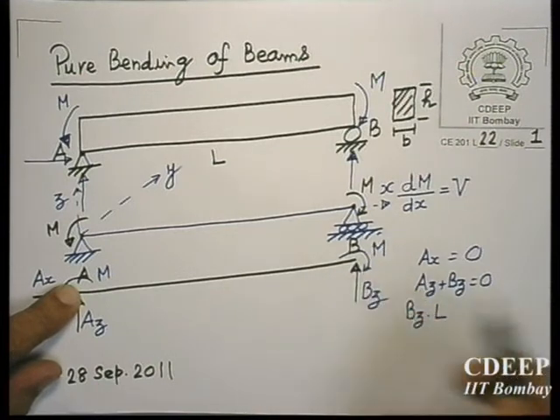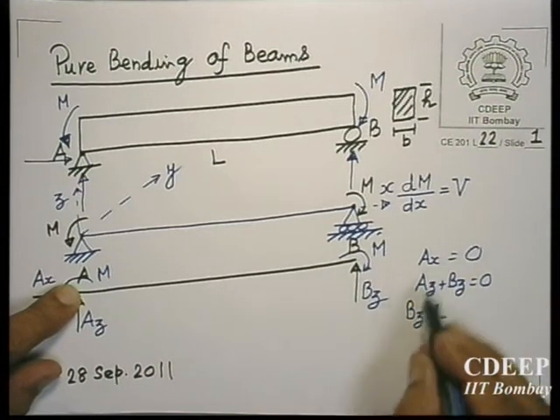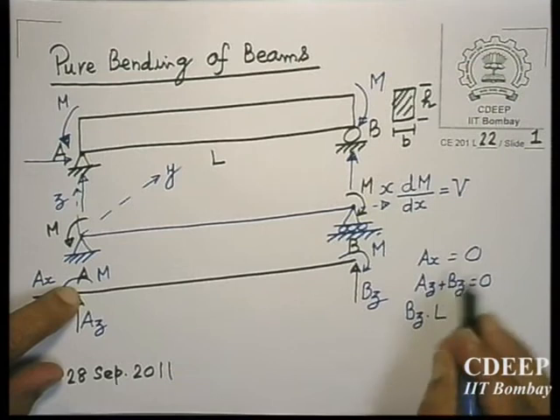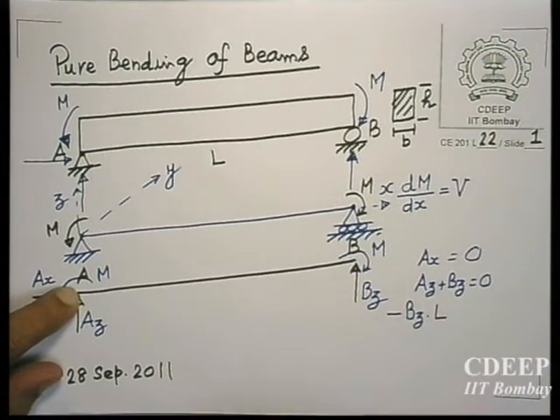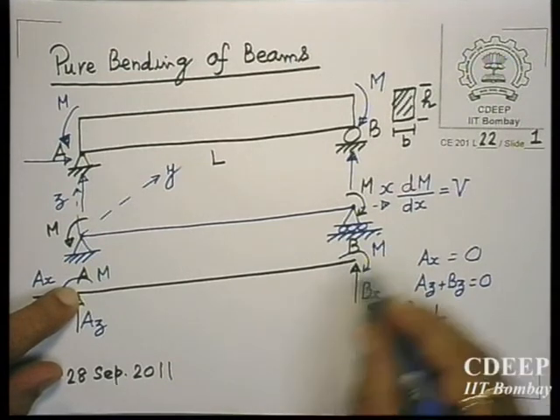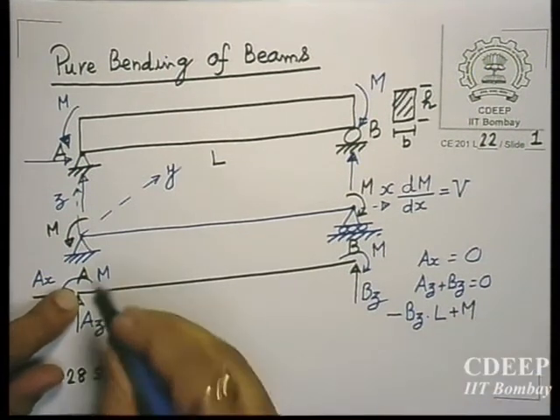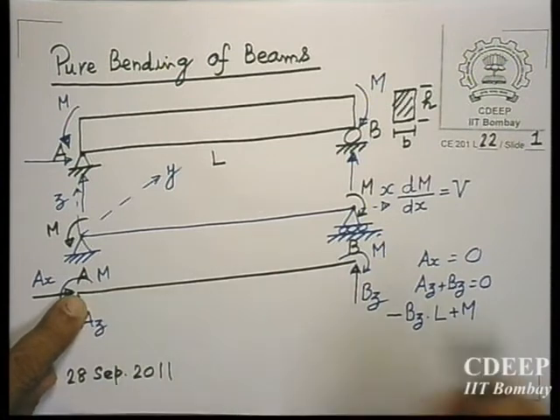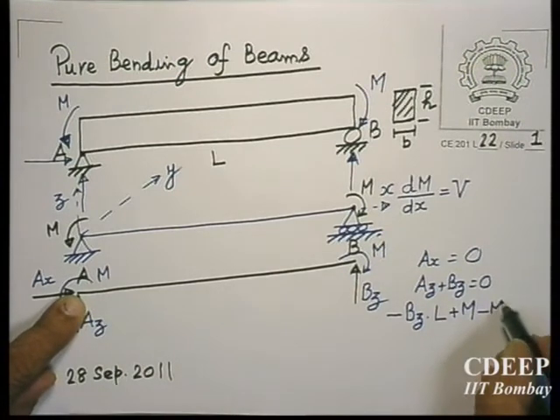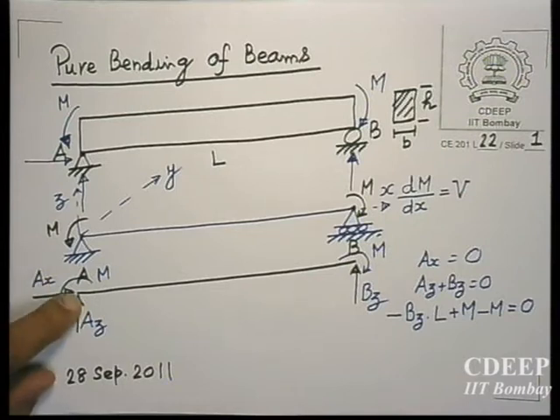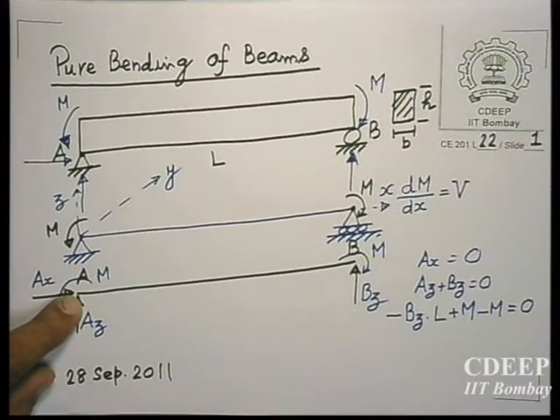You have a clockwise moment here, so if anti-clockwise about this point is negative, you have a clockwise moment here, plus M, and then you have another moment here which is anti-clockwise, minus M. So the sum of moments of all forces about A equal to 0.